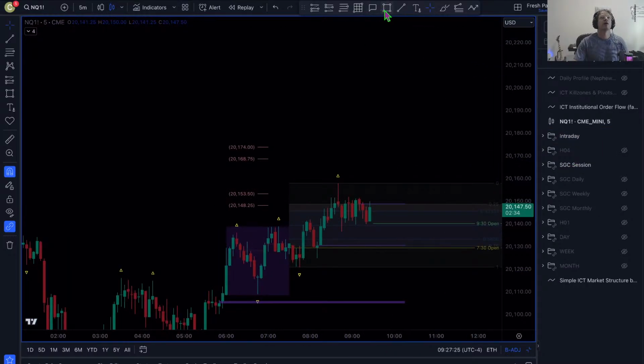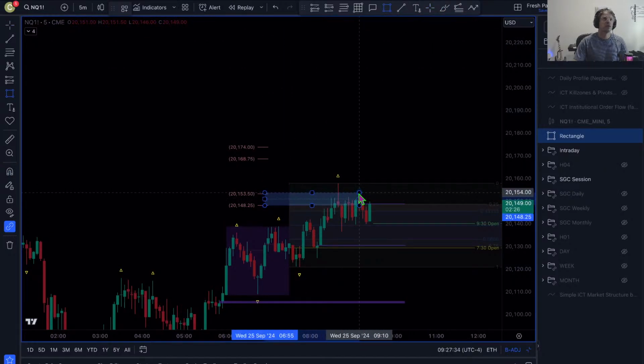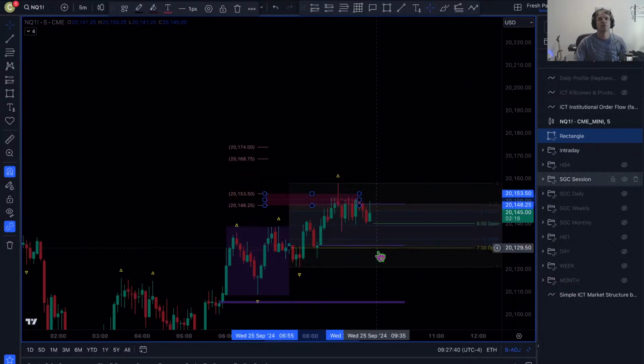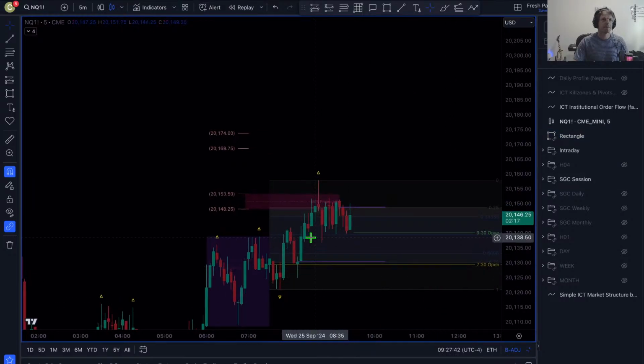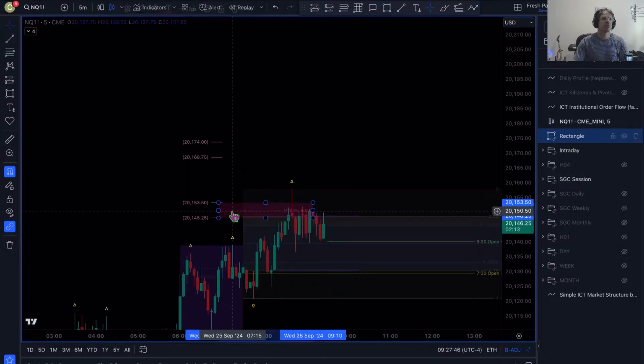That has already met the second projection. It broke through but did not close through, which gives reason to come back for liquidity typically. Let's see if it has since it hit it. It did. It came back for this liquidity and reversed off of that. So there's reason to believe that we could go up to here.